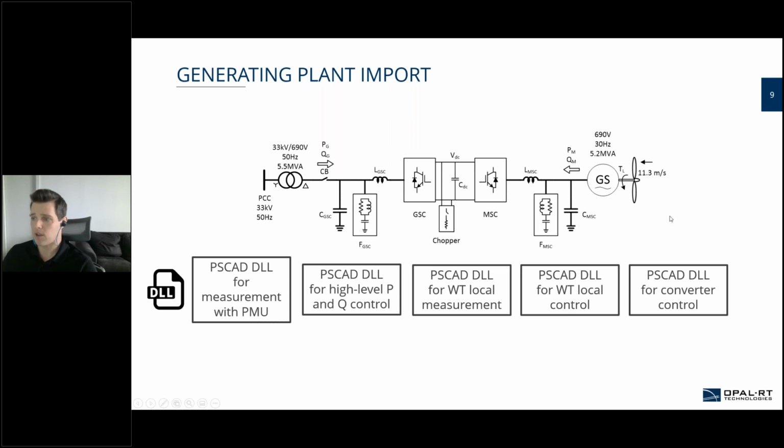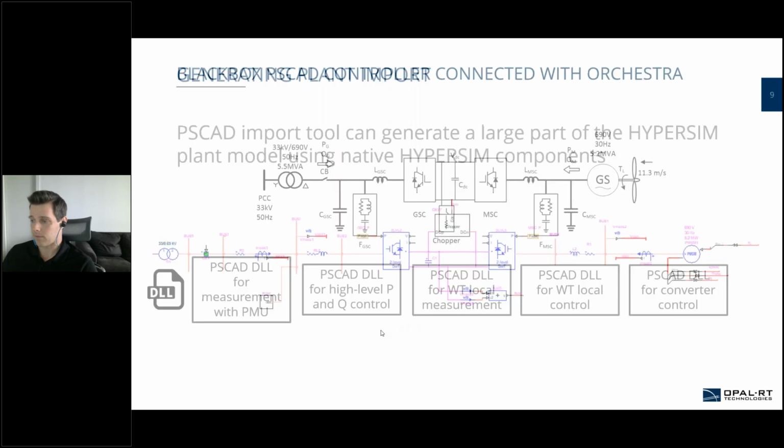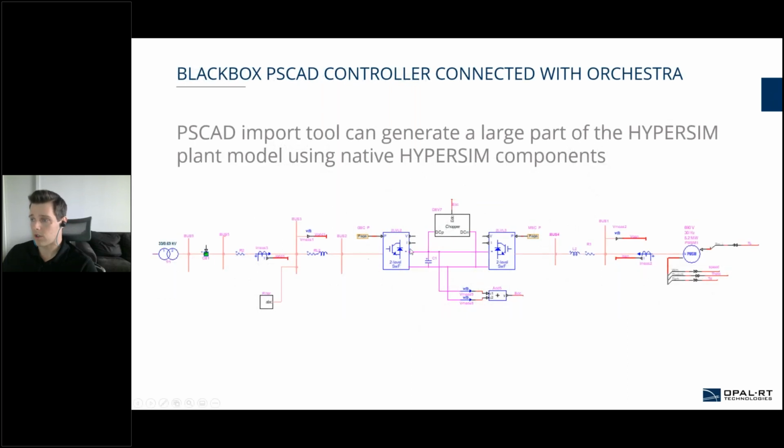So I have here a typical plant, a wind turbine plant, where you have different manufacturer DLLs for the different levels of control for this wind turbine plant. These DLLs are typically Fortran code generated with PSCAD in 32-bit for a 32-bit operating system. Once imported in HYPERSIM, we can import a large part of the plant model using native HYPERSIM components.